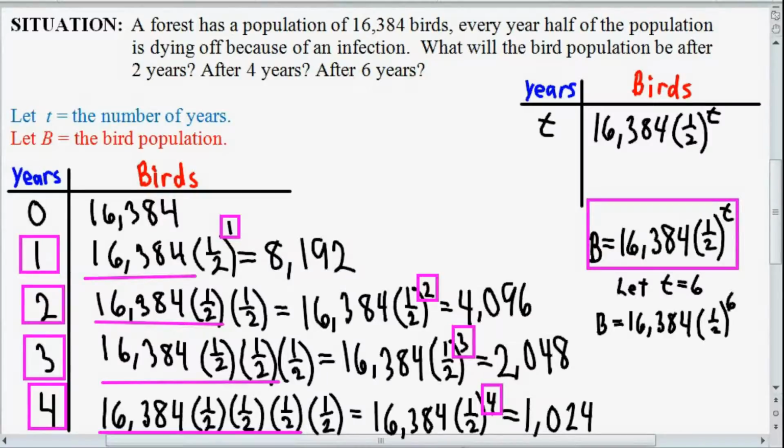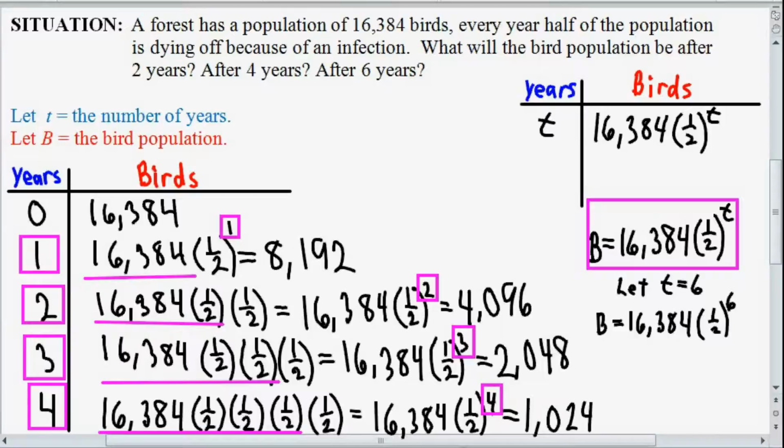If we would like to determine the bird population in 6 years, then we are now able to use our exponential equation that we defined as b equals 16,384 times 1/2 to the t power. Let us now let t represent 6, meaning the number of years that have elapsed since the original bird population.